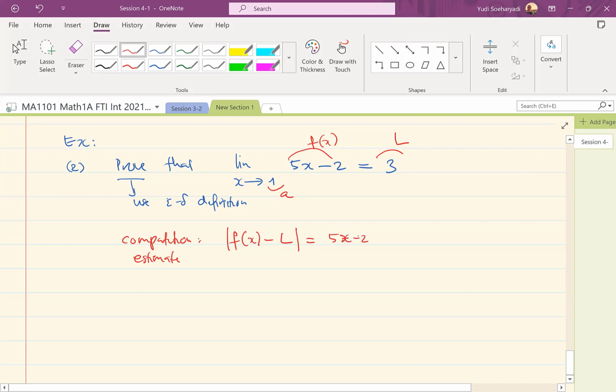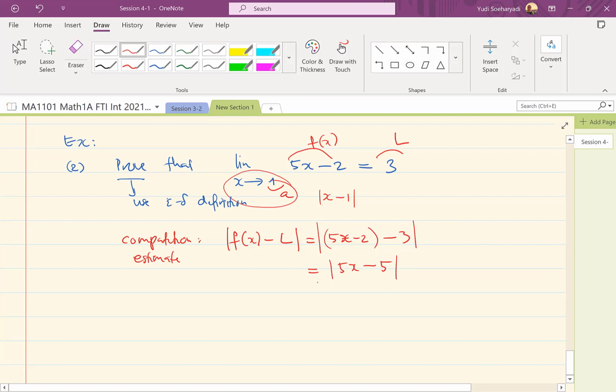So let's compute this one. 5x minus 2, right? Minus 3. Okay. This we need to find x minus 1. All right, so we should end up with x minus 1. So just do simplification here. So 5x minus 5, right?